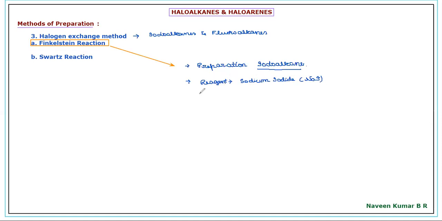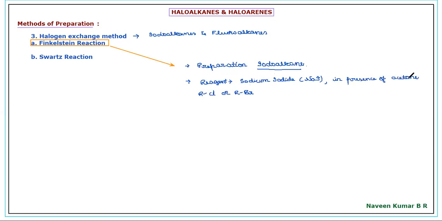It is RCl or RBr, alkyl chloride or alkyl bromide. Any of these can be used. And if it is treated with sodium iodide, along with this, you can remember the condition. The sodium iodide treatment is done in presence of acetone.